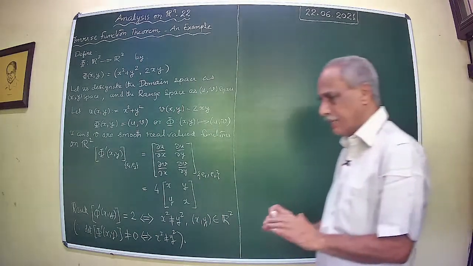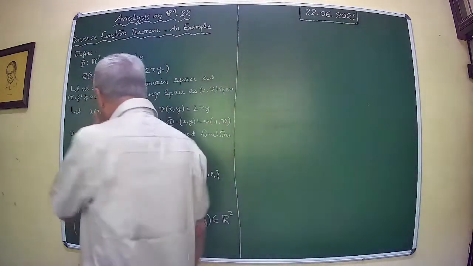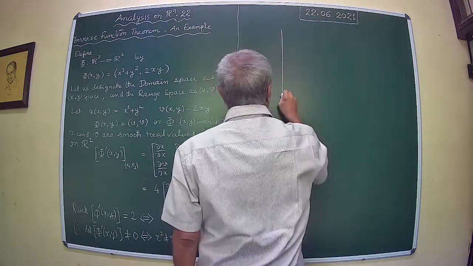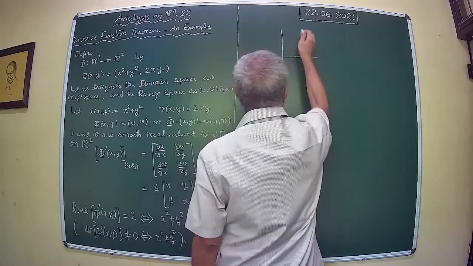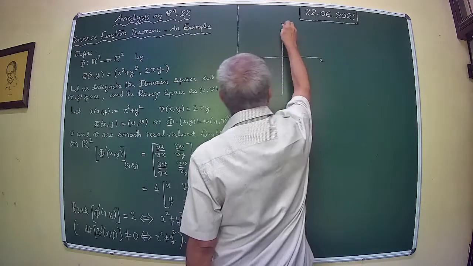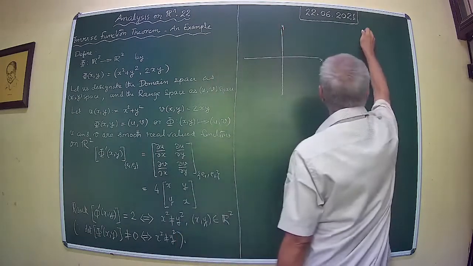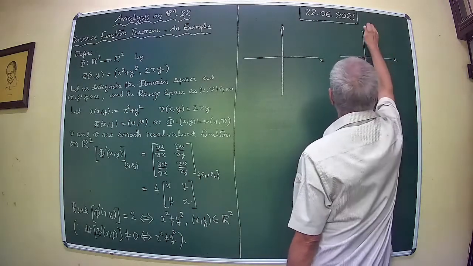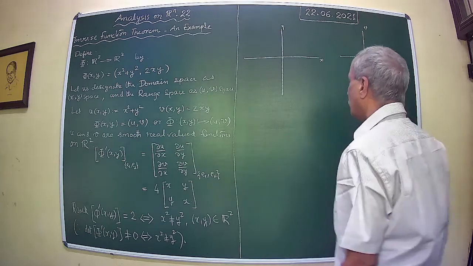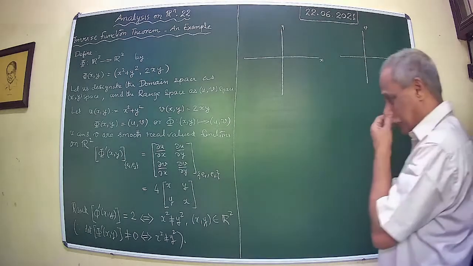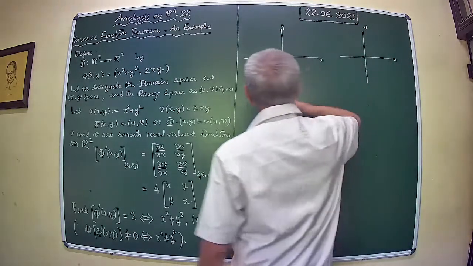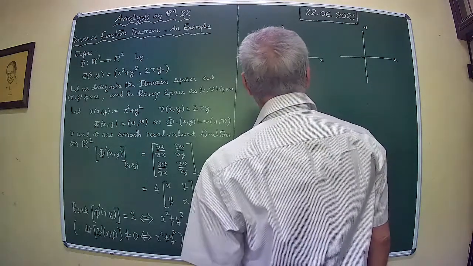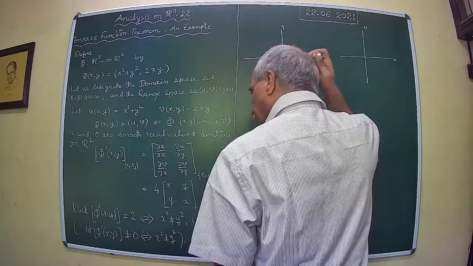So now it is time we had some diagram. So this is the scenario. This is the xy plane and this is the UV plane. Now we see that phi is defined on the entire xy plane.